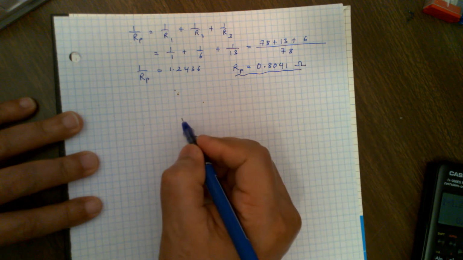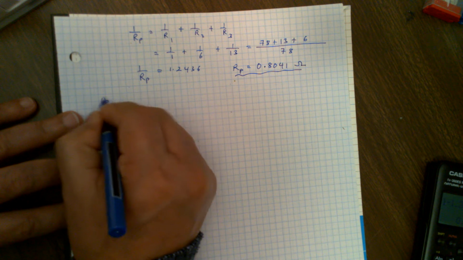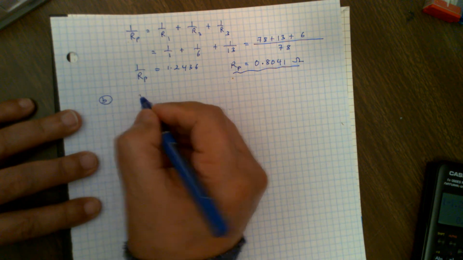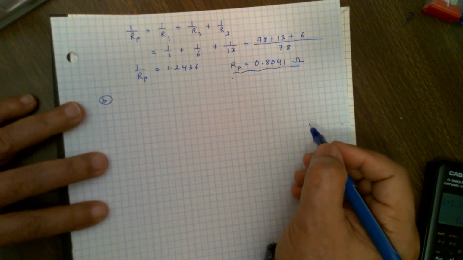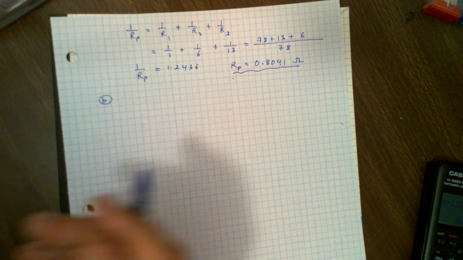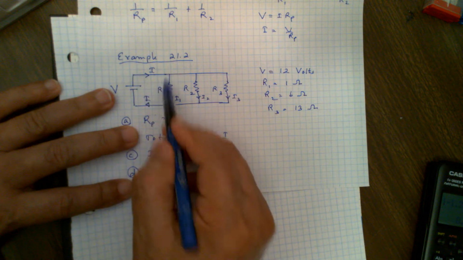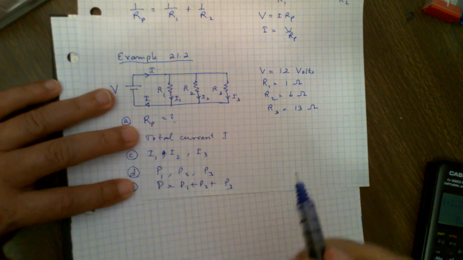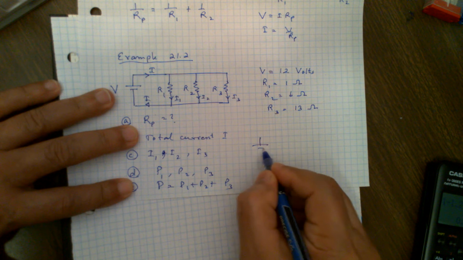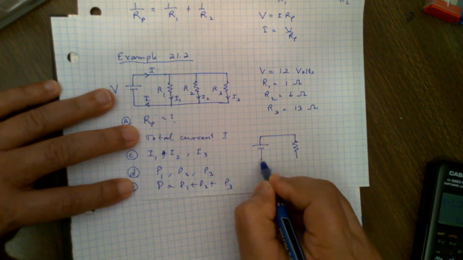That's the equivalent resistance. Okay, now for part B, I want to find the total current in the circuit. So remember, if you recall, let me show it again. This is the circuit, that this and this are in parallel. So equivalent resistor means that I replace those three with one resistor, right?